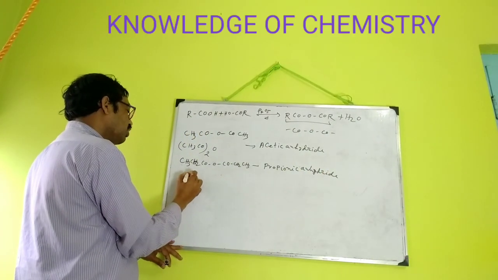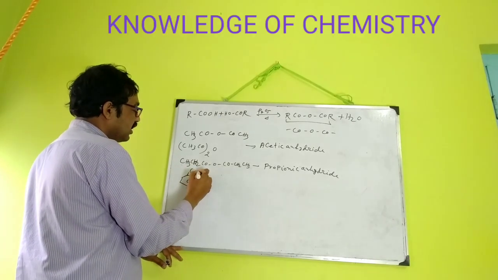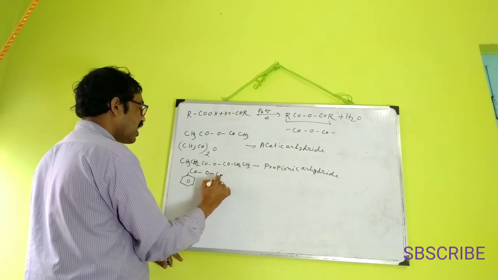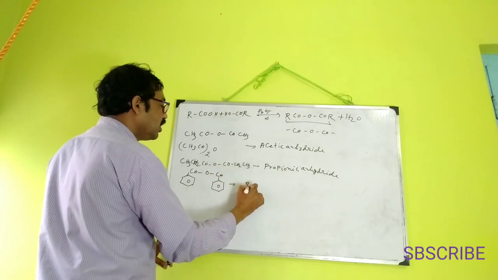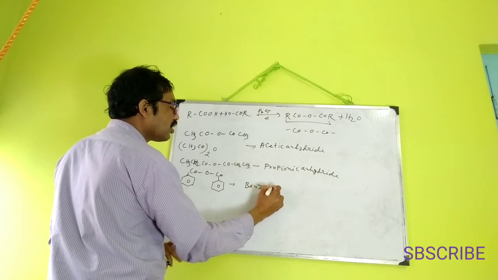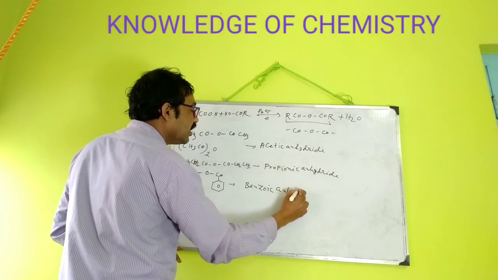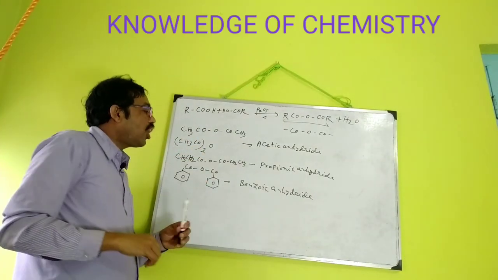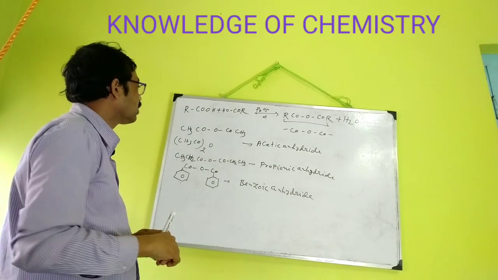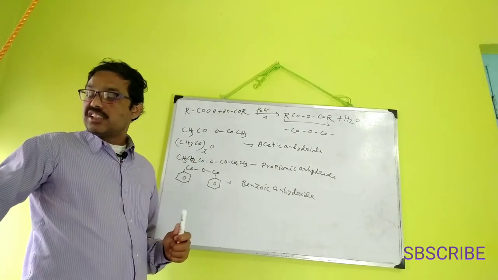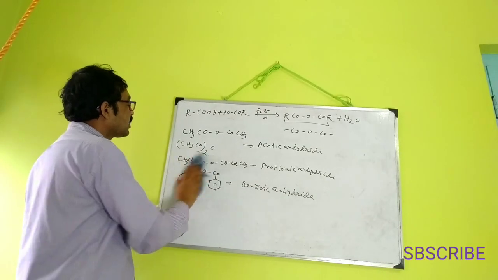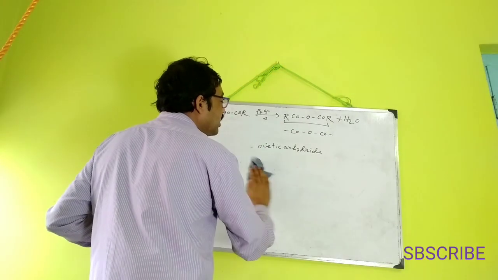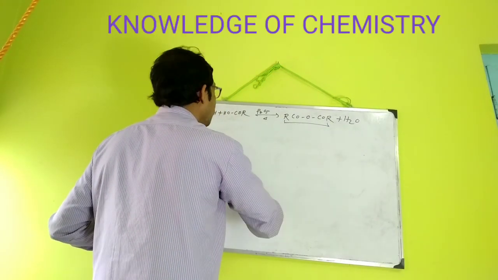Similarly, from benzoic acid, the anhydride obtained is benzoic anhydride. These are all simple anhydrides. But if the anhydride is obtained from two different carboxylic acids, then their names are written alphabetically.